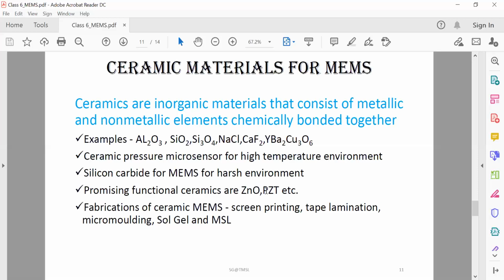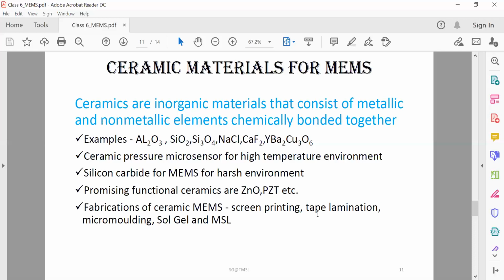Fabrication techniques used for ceramic MEMS are screen printing, tape lamination, micro molding, soluble gel, and MSL. MSL stands for micro stereolithography. The micro stereolithography technique is used to get three-dimensional structures in polymer, in ceramics, or sometimes in composite materials also.